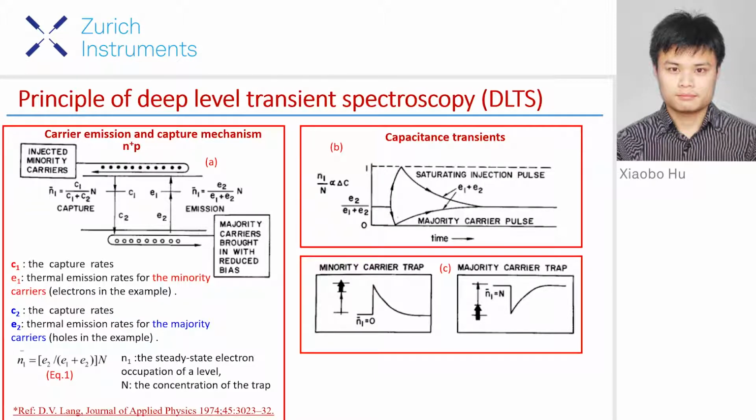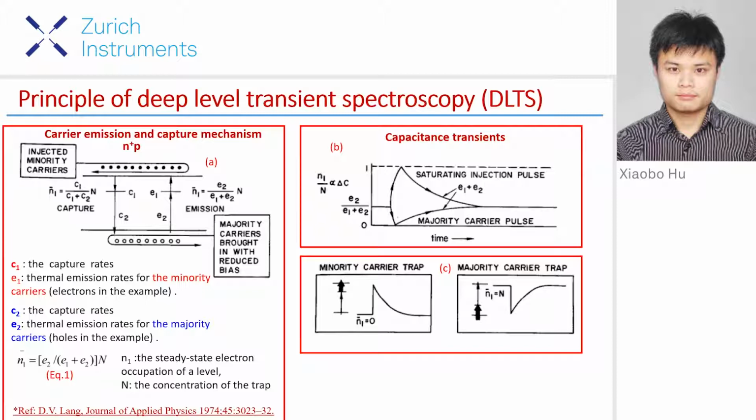The capture and the thermal emission rates for the minority carriers, which are electrons in this example, are C1 and E1, respectively. The capture and the thermal emission rates for majority carriers, which are holes here, are C2 and E2, respectively.